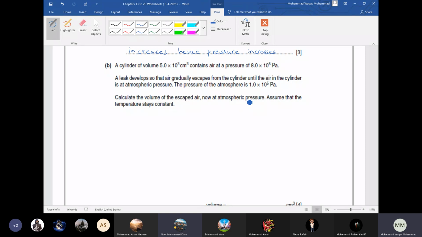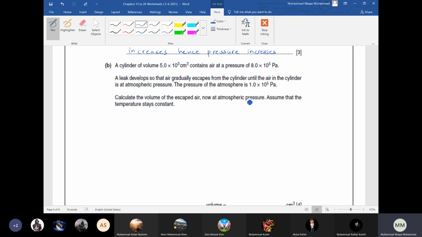Yes, beta. But actually, there are a few conceptual things, beta. Look, cylinder of a volume. You are given basically the volume of the cylinder, right? A cylinder of volume 5.0 times 10 to the power 3 cubic centimeter. It means we are given the volume of the cylinder, right?